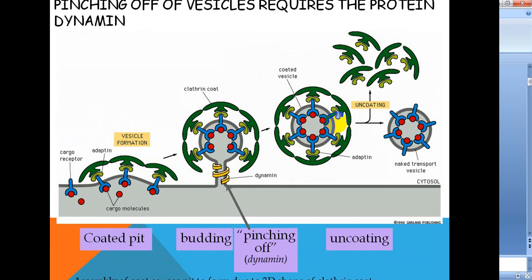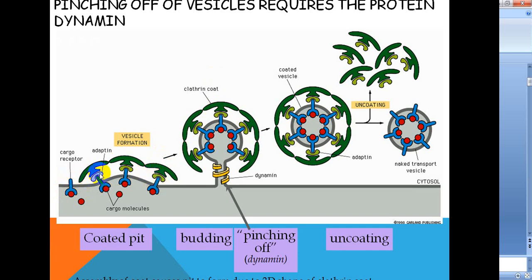Before the formation of this clathrin coated vesicle, these clathrin coats are attached to this pit.